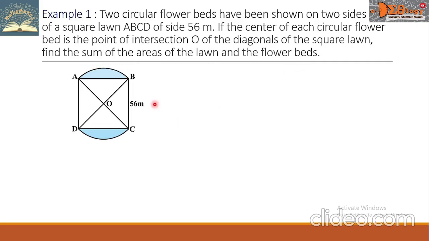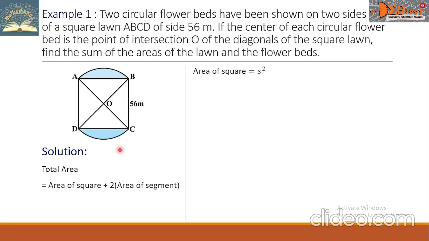This is our figure. Analyzing this figure, we can see that the total area that we need is the area of square plus 2 times the area of the segment, which are the shaded areas.